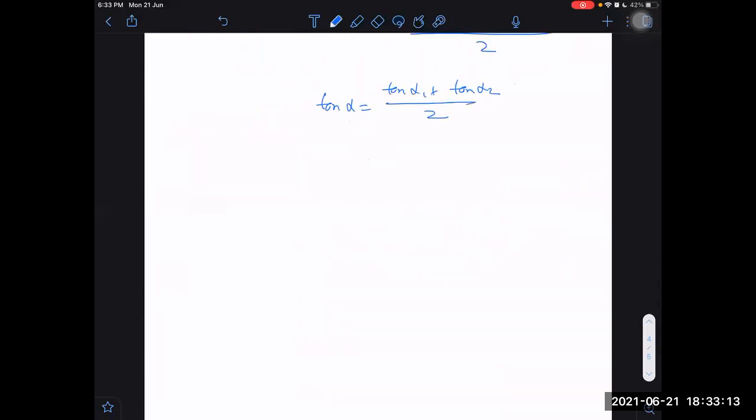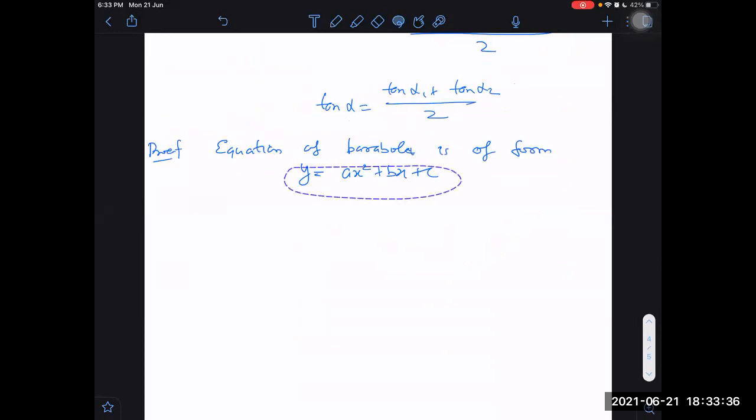What is the formula for the slope? Equation of parabola. This is the proof. Equation of parabola is of the form y = ax^2 + bx + c, right or not? Yes, sir.